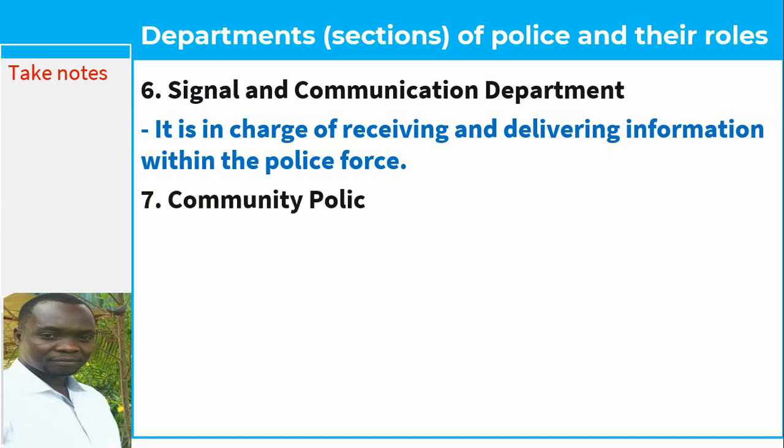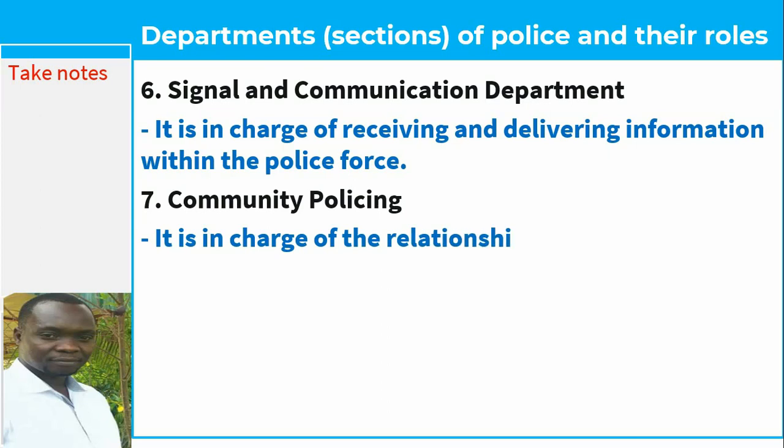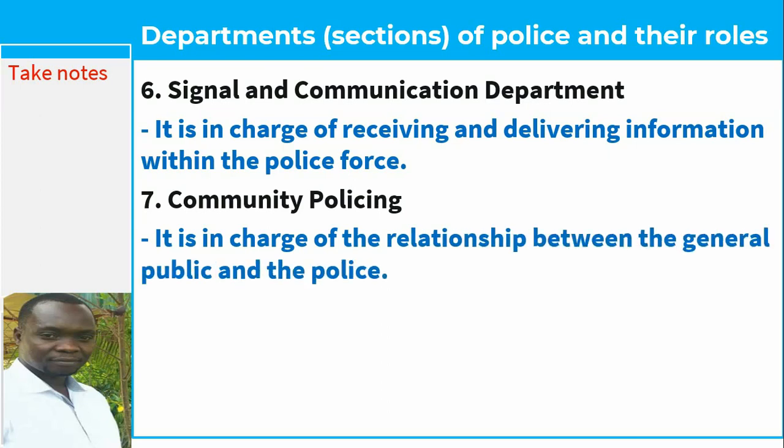Okay, then we have the community policing. This is the department of the police that is in charge of the relationship between the general public and the police. They are the department of the police that tries to bring back the lost love between the public and the police.